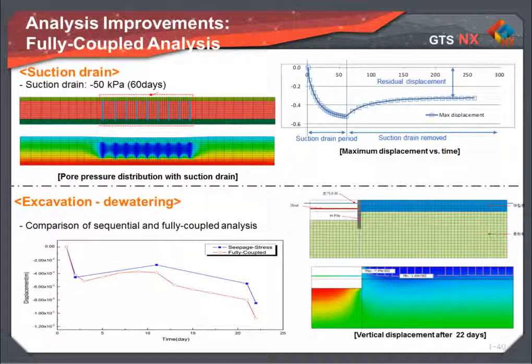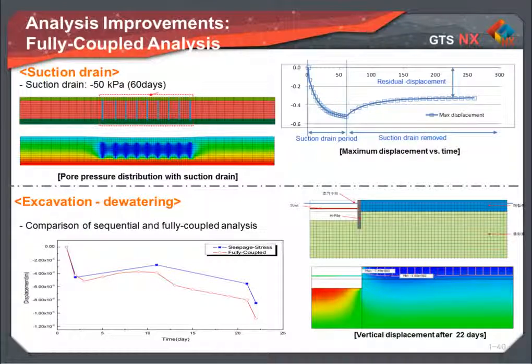Next, I'd like to say a few words about a completely new analysis feature, the fully coupled analysis. When water level is defined in the model, fully coupled analysis must be performed to consider the consolidation and seepage stress interaction simultaneously for the duration of the construction, just like in the actual ground behavior.